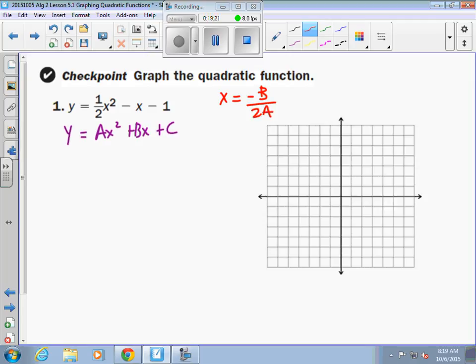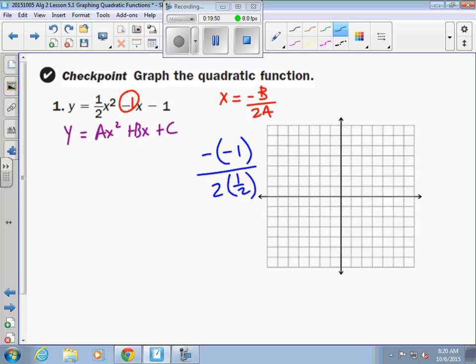So what is our b value right here? It's negative 1. So it's already our b value. It says negative b. It's negative, negative 1. Remember, negative, negative is going to be positive 1 over 2 times our a value. What's our a value? 1/2.